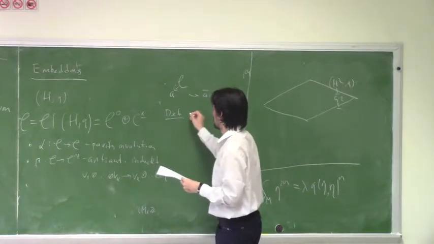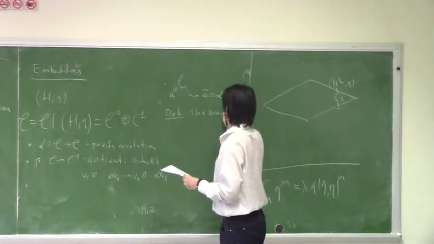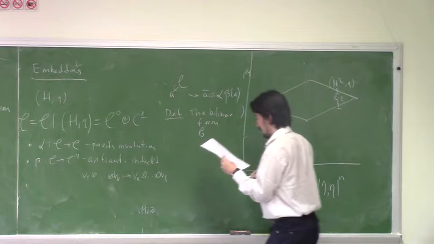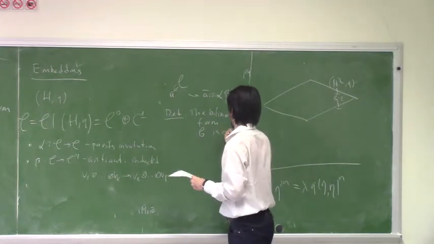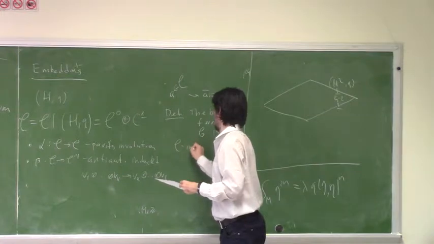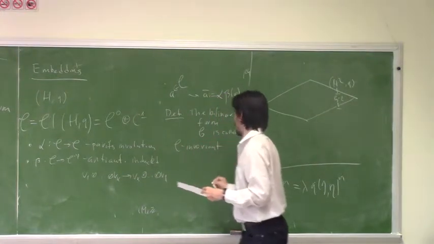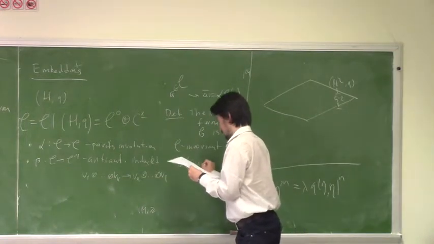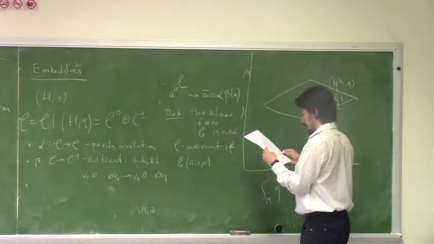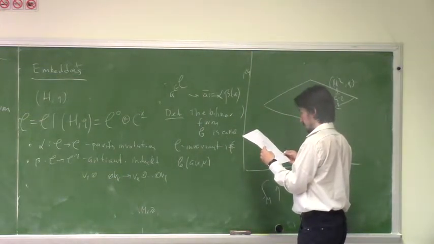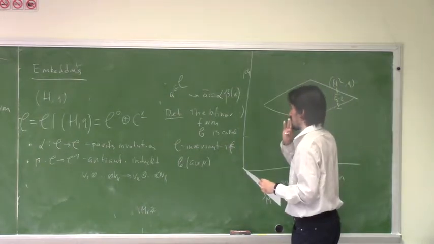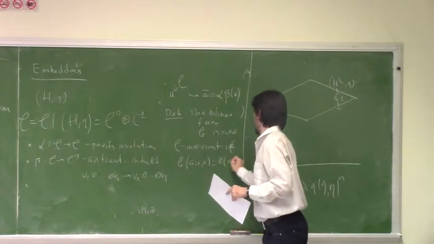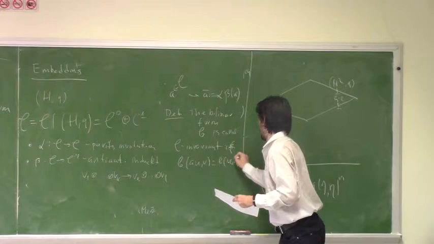Now let's make a definition. A bilinear form B is called Clifford invariant if B of (a u, v) is B of (u, a bar v).